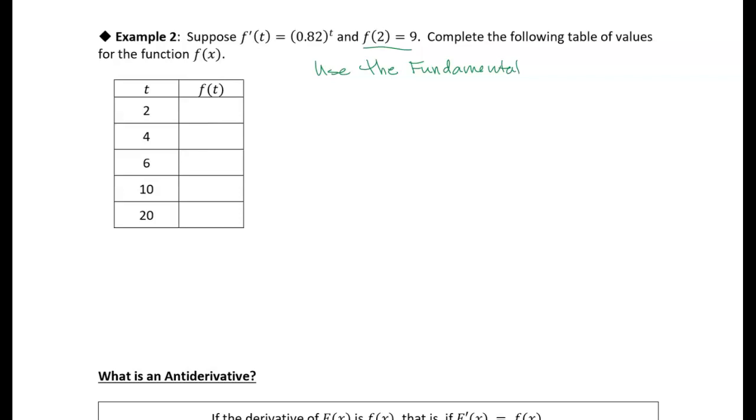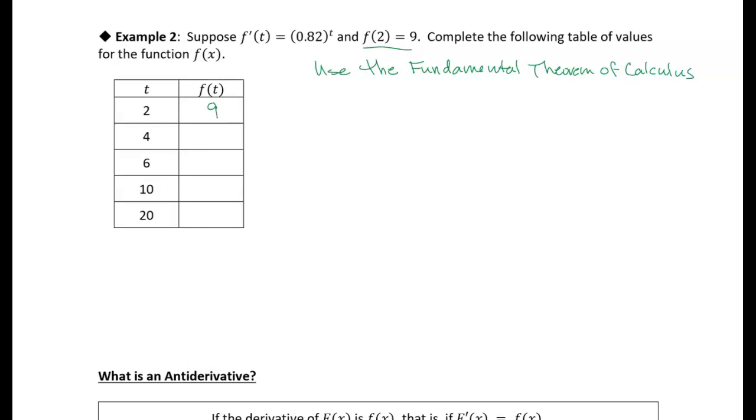Fundamental theorem of calculus. Okay, now if you remember, for example, if we want to find, we're given f of 2, so I can fill in that value right here.